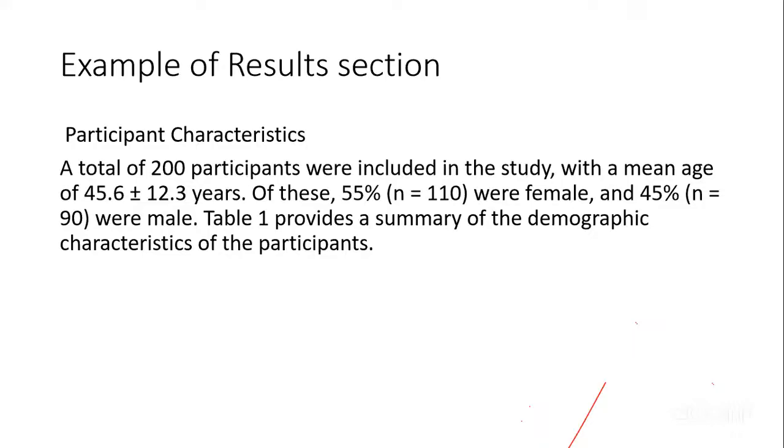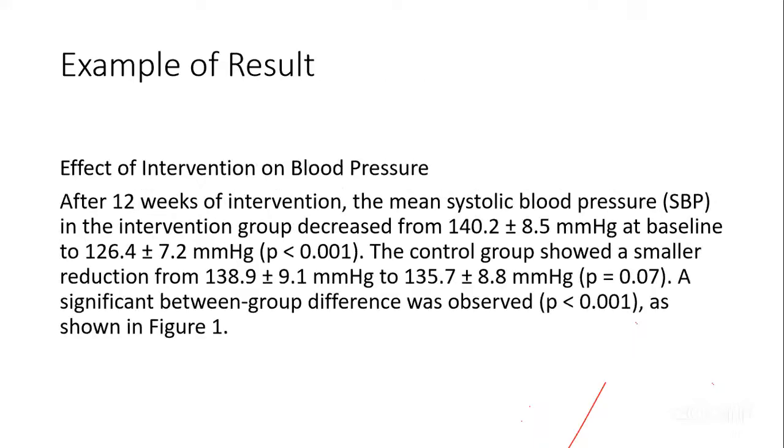A total of 200 participants were included in the study with a mean age of 45.6, and further division into male and female to balance it. Another example, effect of intervention on blood pressure. After 12 weeks, the mean systolic blood pressure in the intervention group decreased from 140.2 at baseline to 126.4, with a significant p-value.